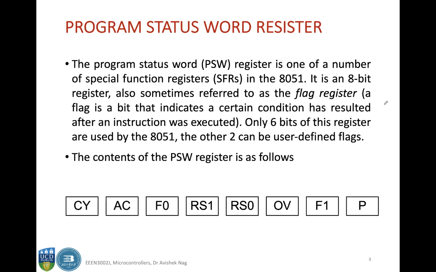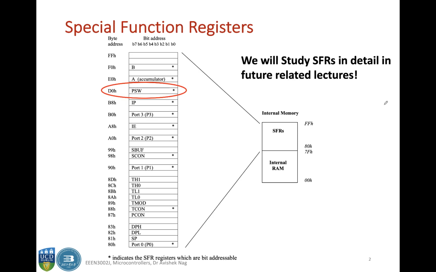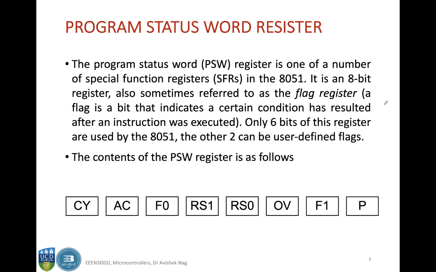So the program status word or PSW register is one of the many special function registers in the 8051. As you saw, there are a lot of special function registers. PSW is one of them, and it is an 8-bit register, since the 8051 is an 8-bit microcontroller.